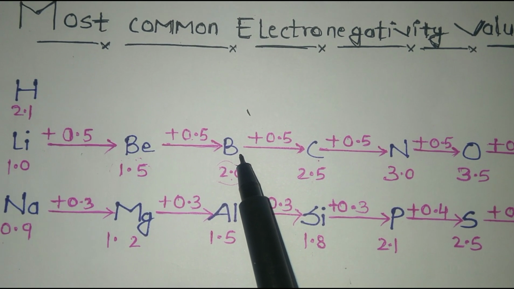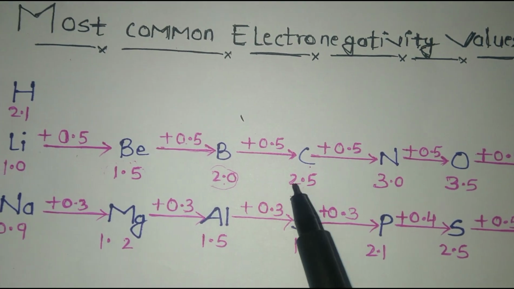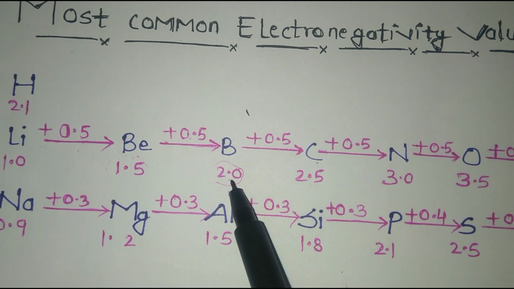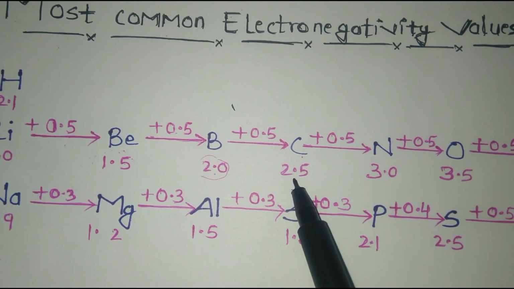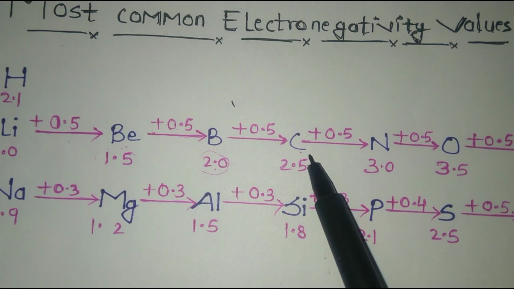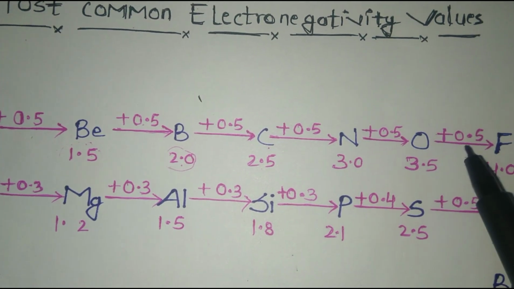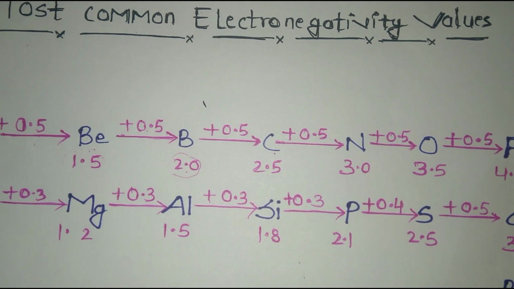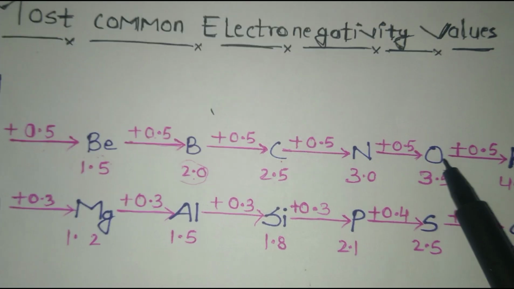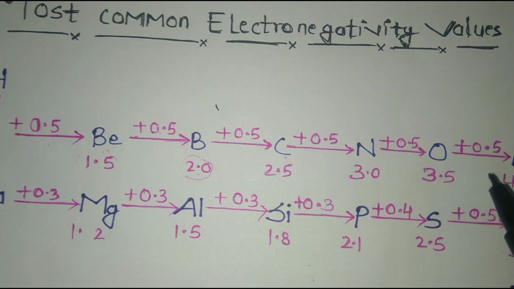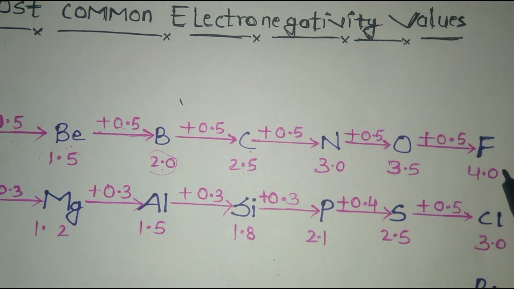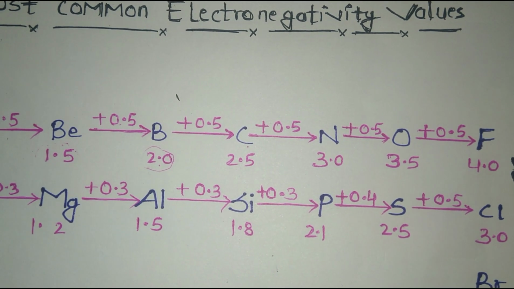So it's simple to learn. Similarly, carbon has 2.5. Just add 0.5 to 2.0, you will get 2.5. Similarly for nitrogen and oxygen as well, and fluorine as well. Adding 0.5 to 3.5 you will get 4.0 as the electronegativity of fluorine.